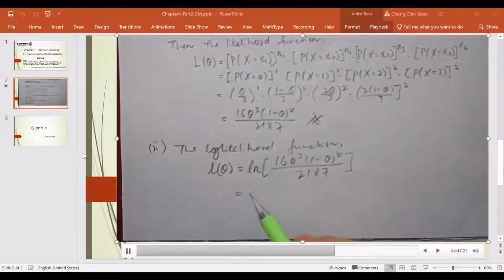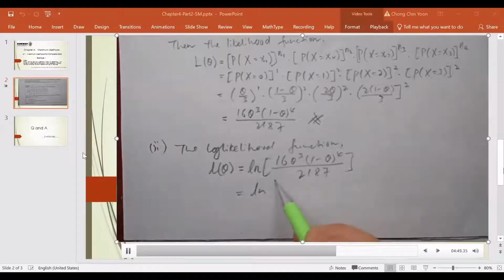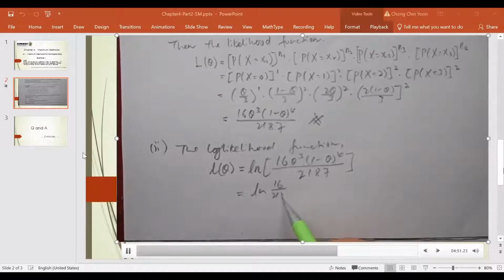Simplifying this, we will have log 16 divided by 2187 plus 3 log theta plus 4 log (1 minus theta).